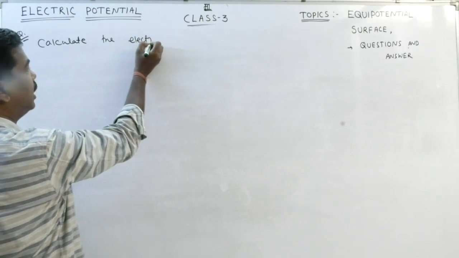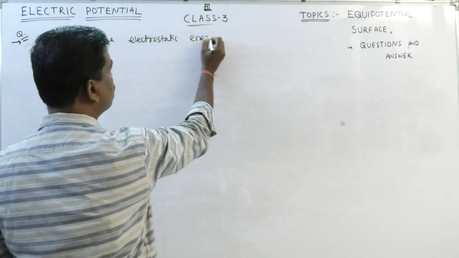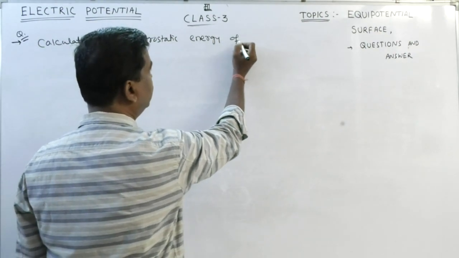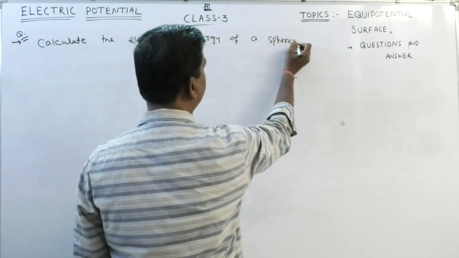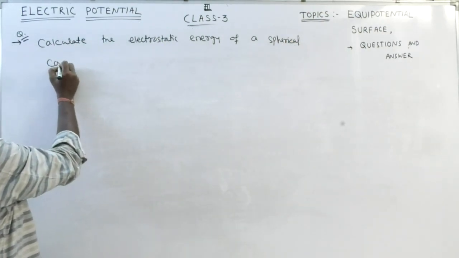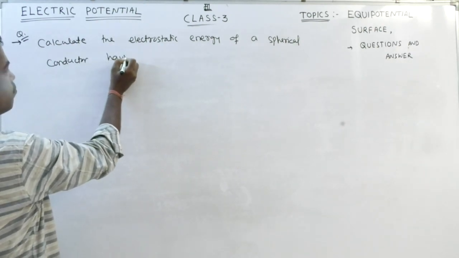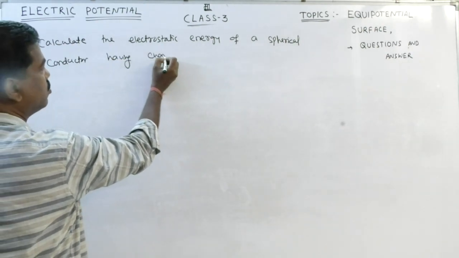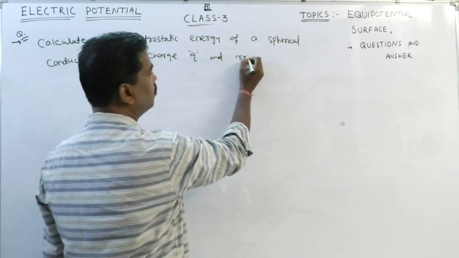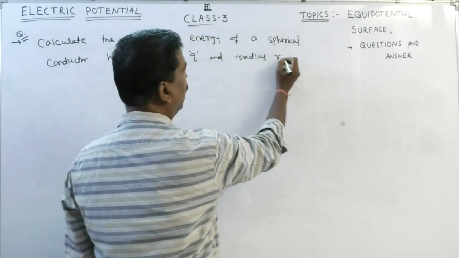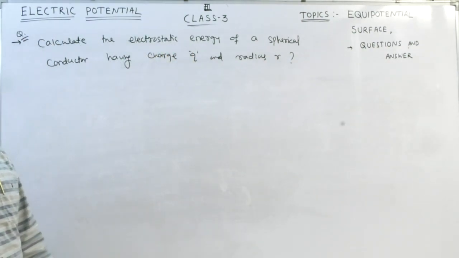Calculate the electrostatic energy of a spherical conductor having charge Q and radius R. So, what does it ask for?